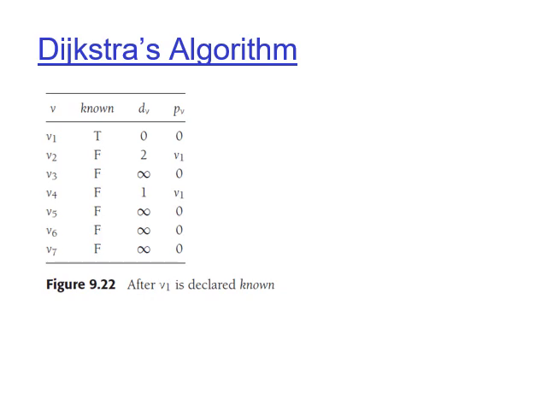So after updating these values, now what should we do? We have our known vertices are V2 and V4, right? We have just discovered them. Now, out of these two, what should we do? We should make a greedy decision here.